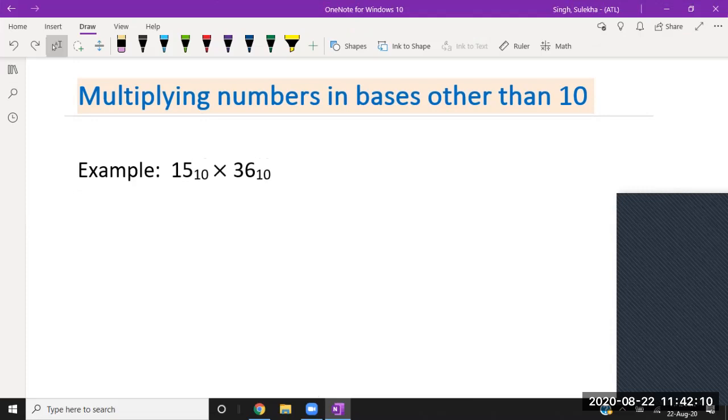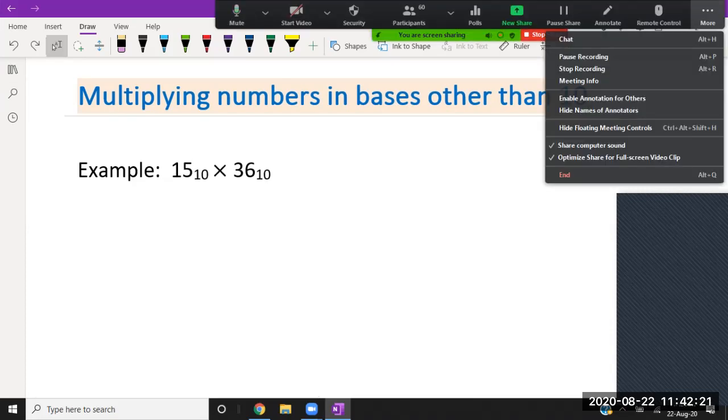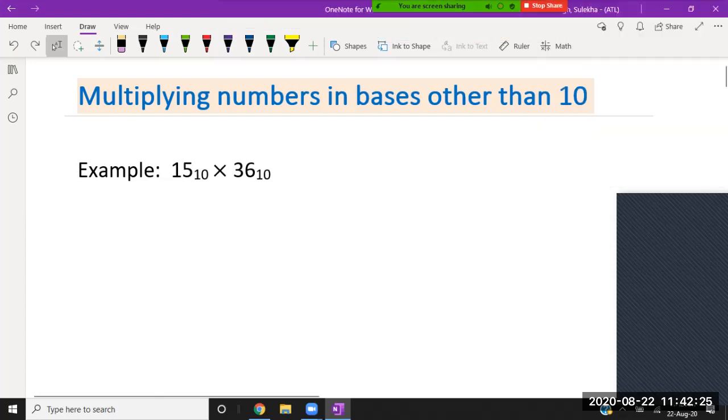Whenever I write this example, like 15 base 10 multiplied with 36 base 10, you already know this. Base 10 means whatever you do in your normal way. To multiply 15 with 36, you write it this way.